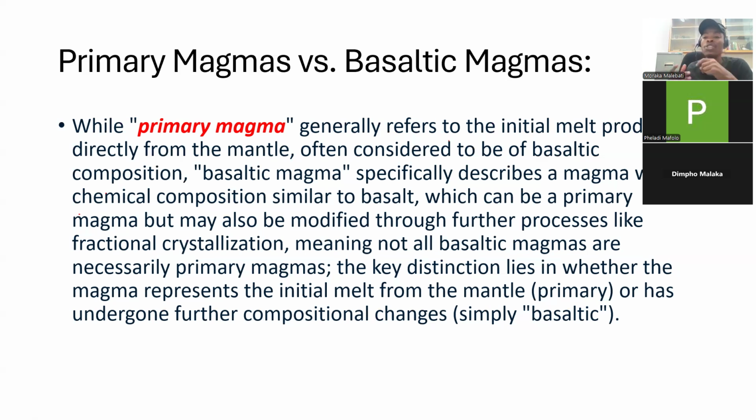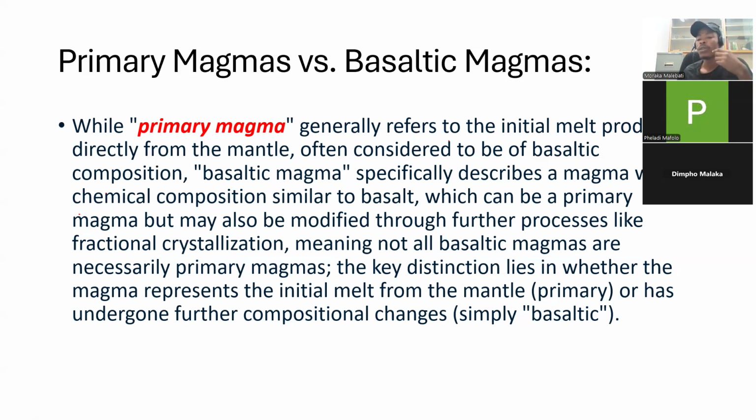mafic materials that are rich in magnesium and iron, which can be a primary magma, but may also be modified through further processes, or through what you call magmatic differentiation. So the key distinction lies in whether the magma represents the initial melt from the mantle, which is the primary, or has undergone further compositional changes.